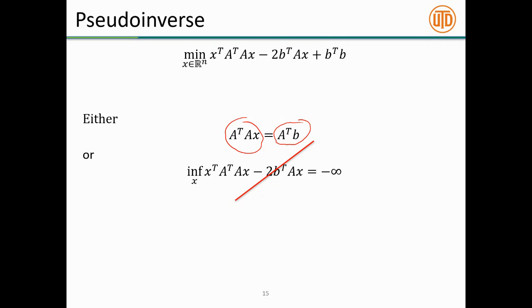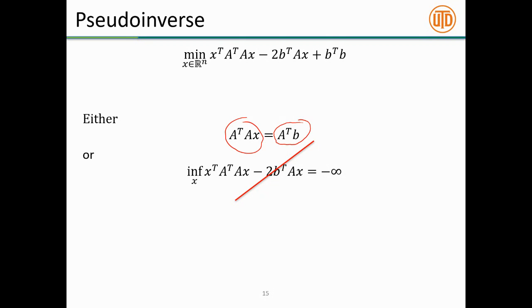For example, if b has a component along an eigenvector of A transpose A that's equal to 0, the A transpose will effectively kill off the component along that direction.